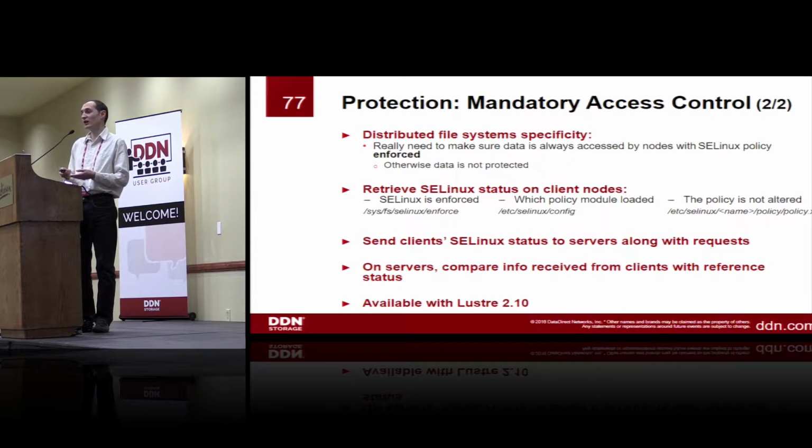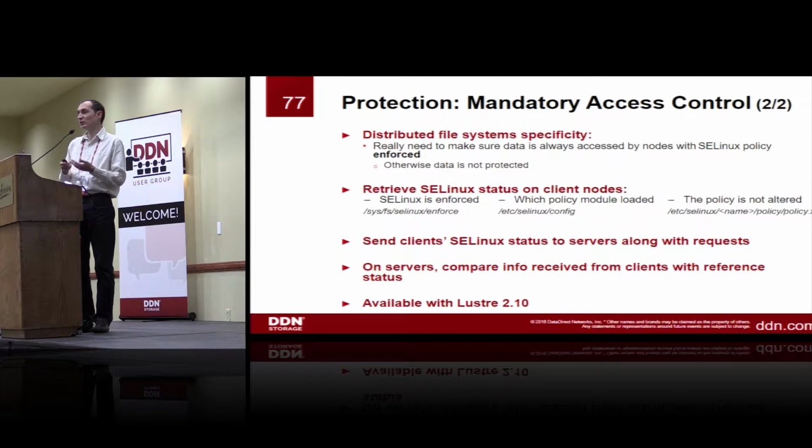So we developed a new feature in Lustre in order to control that all Lustre clients properly enforce SELinux. On the client side, we calculate an SELinux status that will be sent with every single request to the servers.